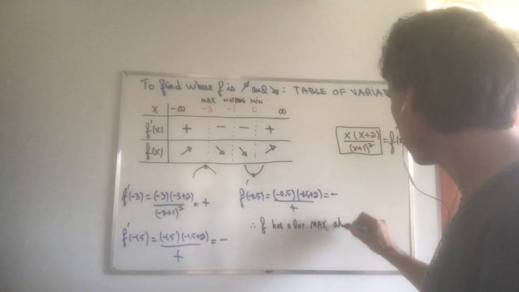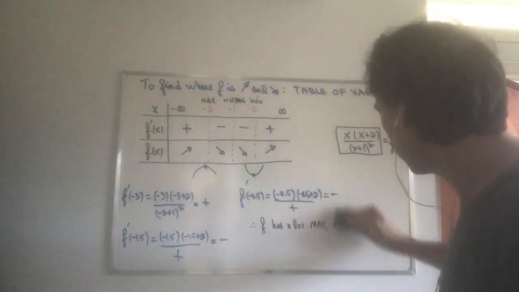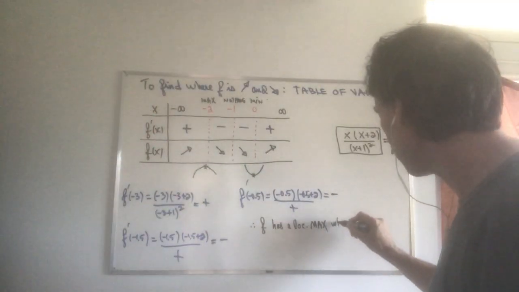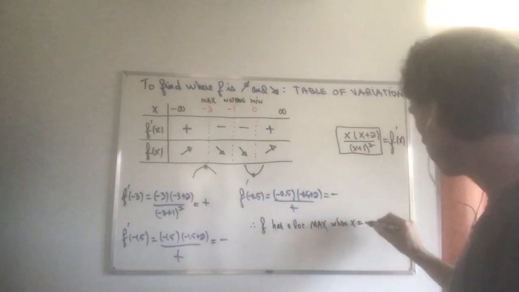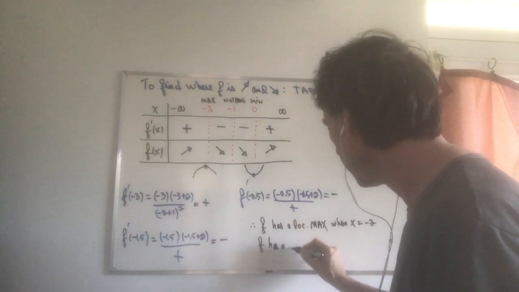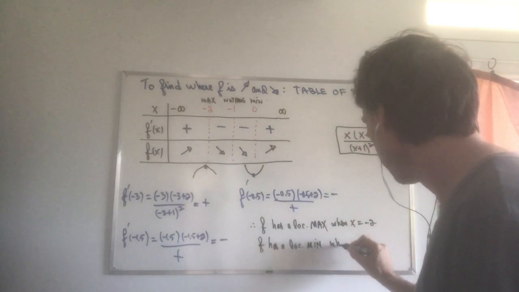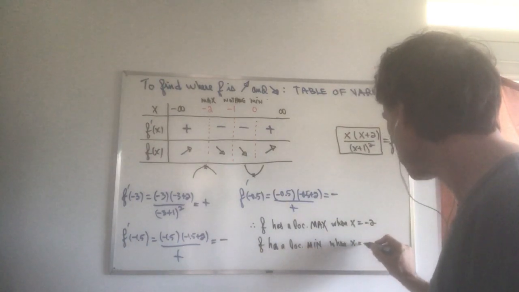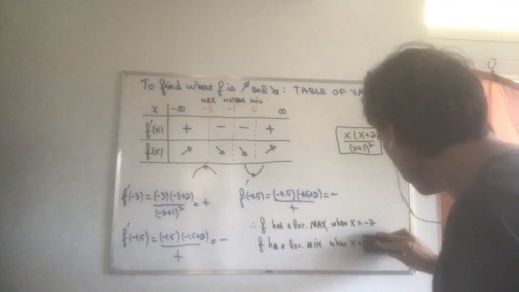Local max when, or I shouldn't say at, because at probably means both the x and the y component. I will just say when x is equal to -2, and f has a local min when x is actually equal to 0. Sorry, not -1, but 0.